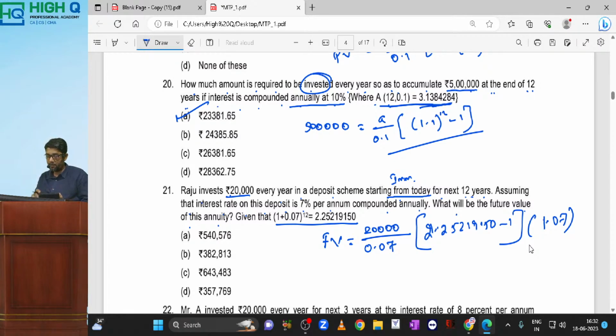Can you please check that? 2.25219150 minus 1 into 1.07 into 20,000 divided by 0.07.